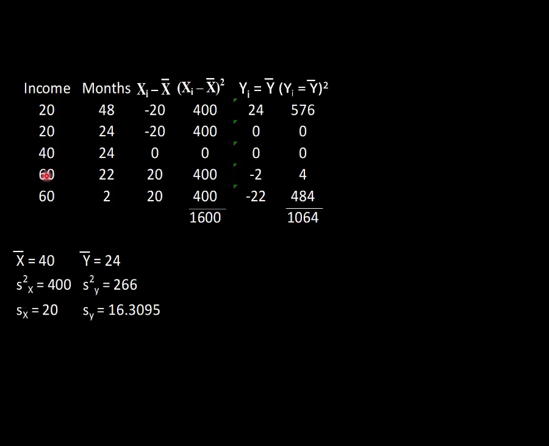And that is we're trying to compare this distribution to this distribution, and they're in different units, right? Remember, income is in units of thousands of dollars per year, and duration of car ownership is in units of months. So this 20 here can't directly be compared to this 48 because this is $20,000 a year and this is 48 months. These are different scales.